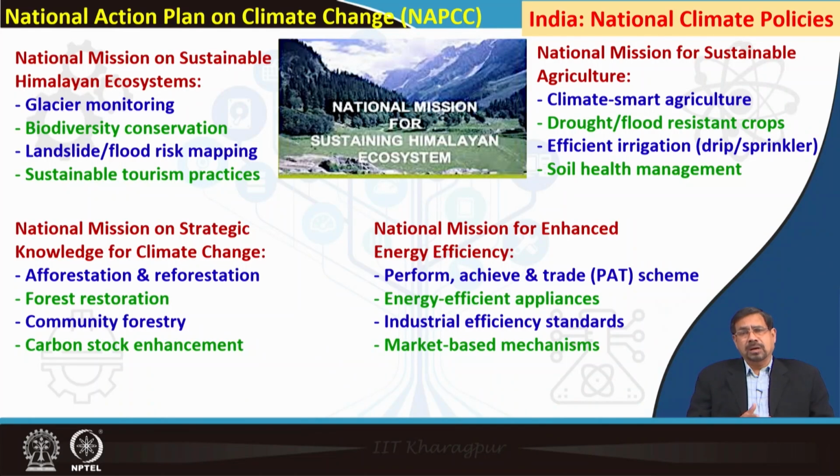Simply by cutting the ridges or mountains, we are carving out roads in terms of connectivity and many other development activities. So, that leads to landslides, and also because of erosion and many other problems, we have these days a lot of flood risks. So, that is also being mapped in terms of the risk. The flood risk is mapped under the NMSHE mission.